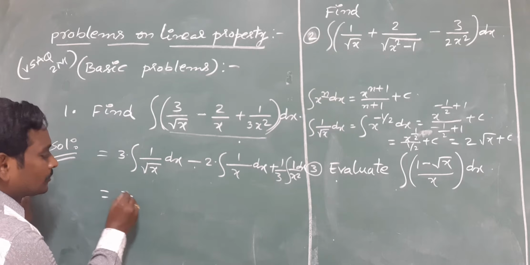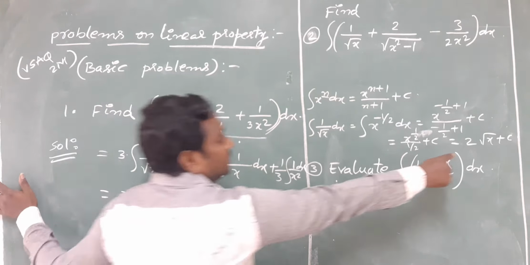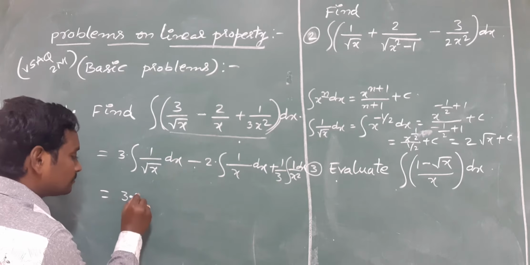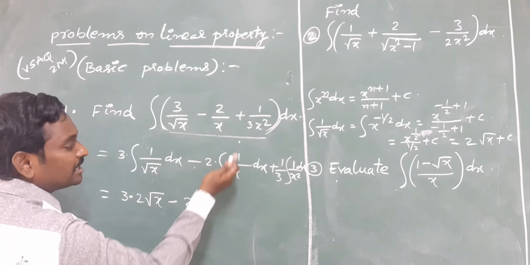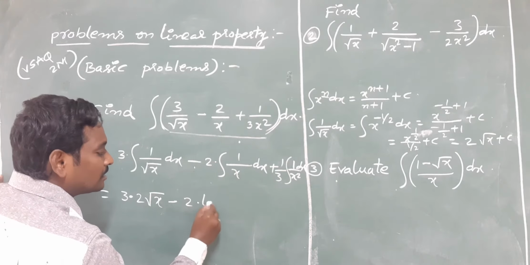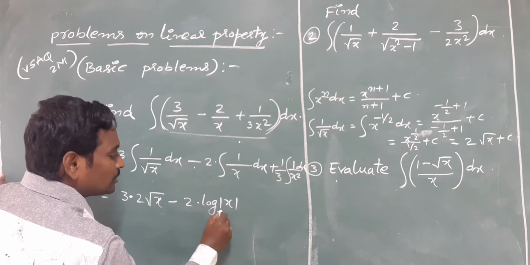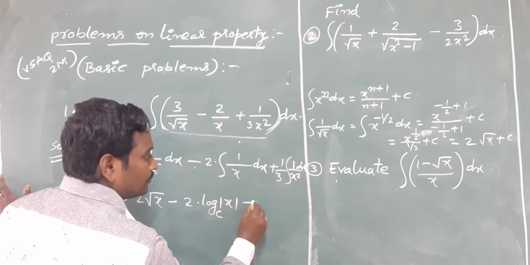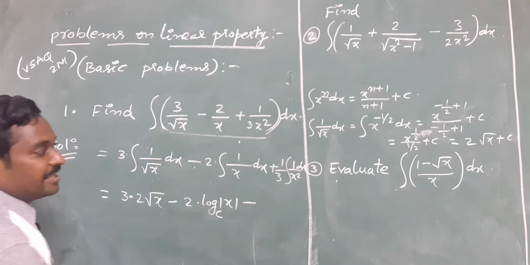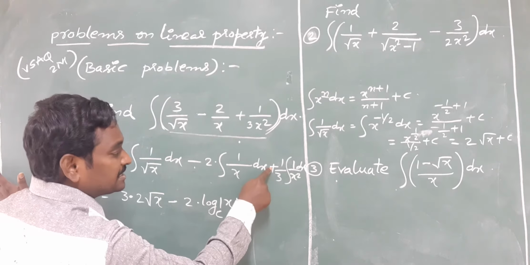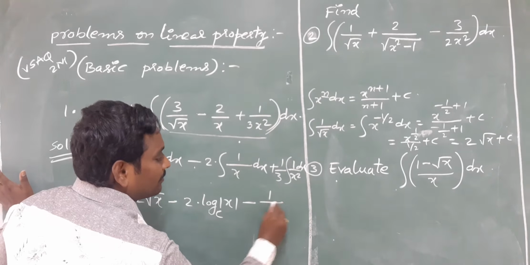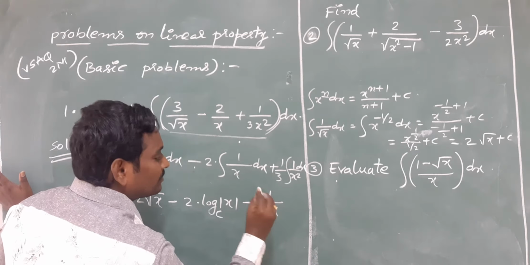3 into integral 1 by root x is nothing but 2 root x minus 2 into, already we know that integral 1 by x is a direct formula, log mod x to the base e. Integration of 1 by x square dx. Integration of 1 by x square is minus 1 by x. But plus into minus, minus 1 by 3 is there, minus 1 by 3x.